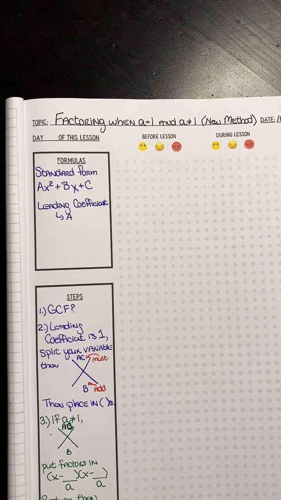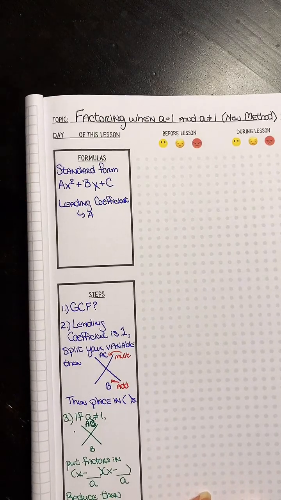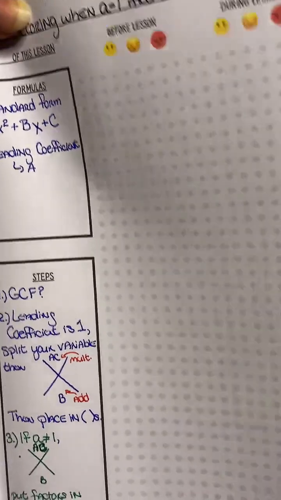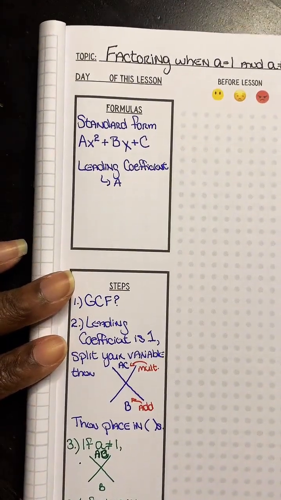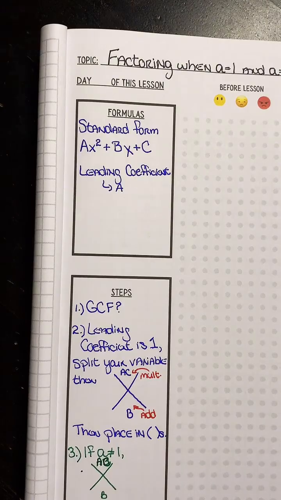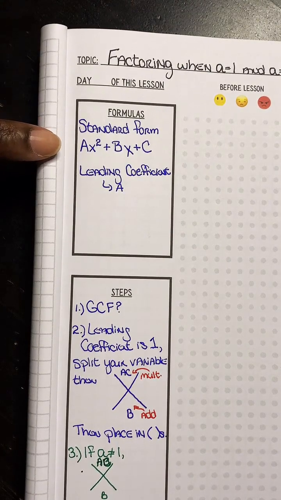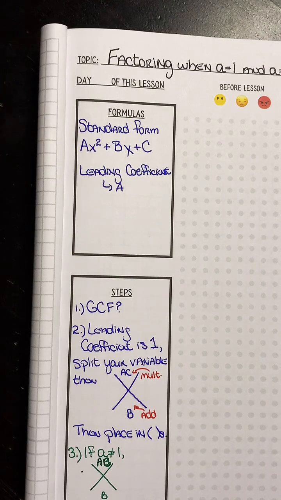So what we're going to take a look at, as you guys are coming in, I've got a couple of notes here for you. Hopefully, if you want to take snapshots, you can. We definitely want to understand, one, what is standard form? Standard form is ax squared plus bx plus c.